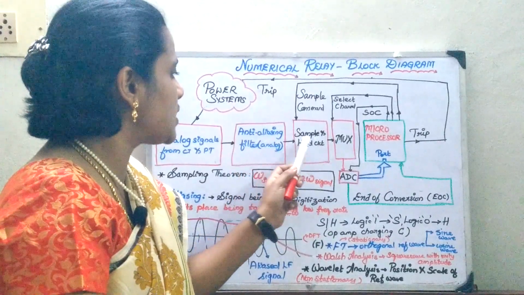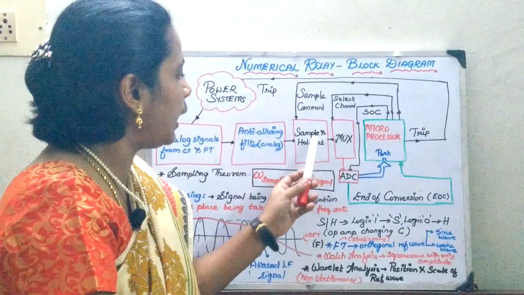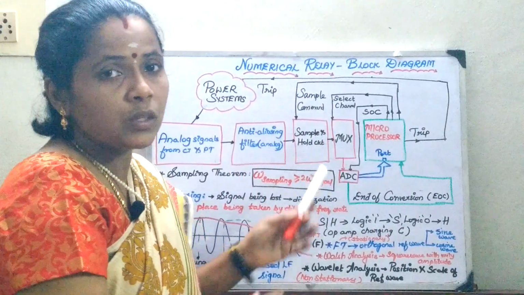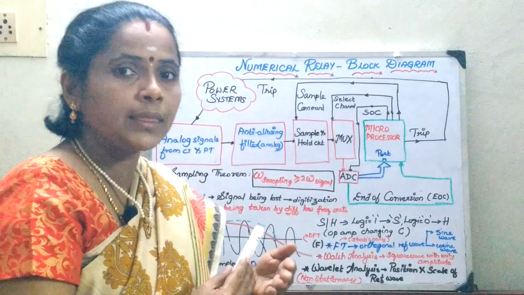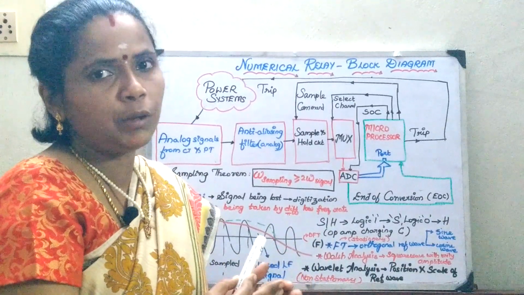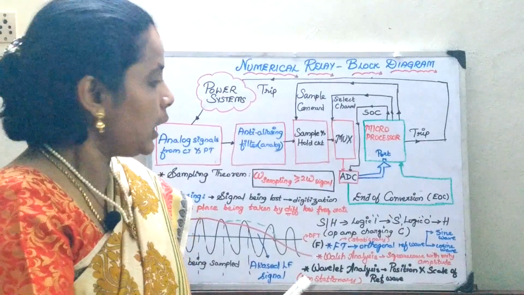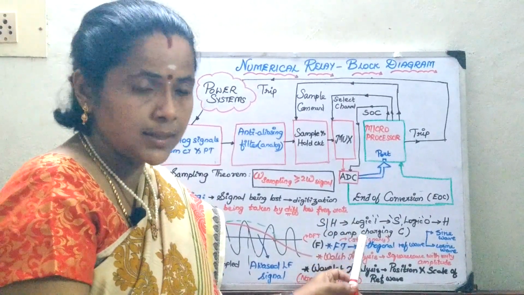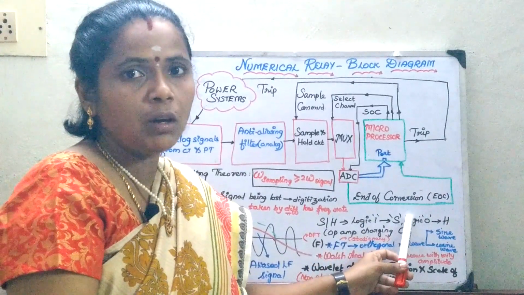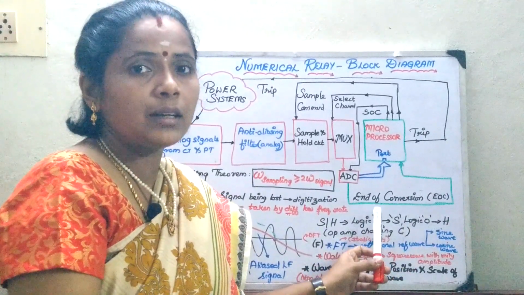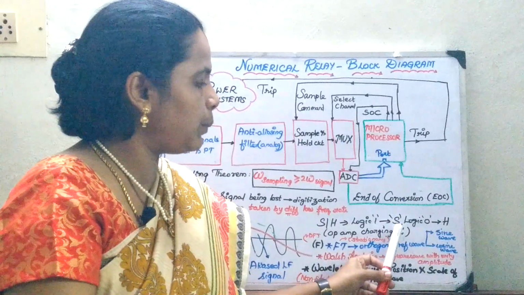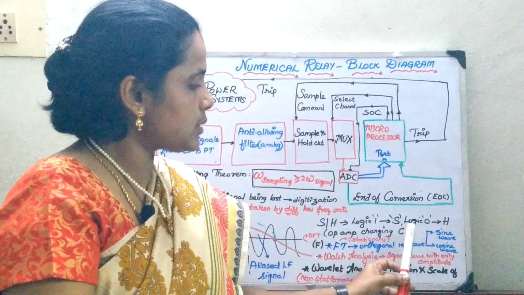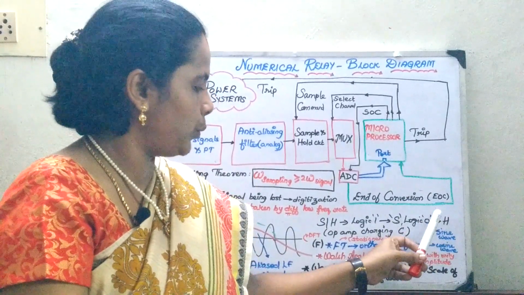Now, this digitized signal moves on to your sample and hold circuit. This sample and hold circuit is nothing but an operational amplifier circuit. Okay, the sample and hold circuit has two levels, that is, logic 1 and logic 0. When it is at logic 1, it is in the sampling position, and when it is at logic 0, it is in the hold position.